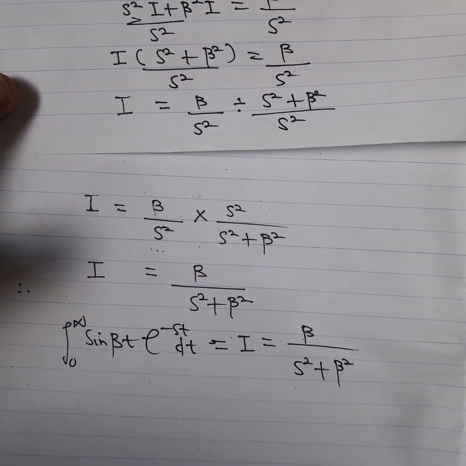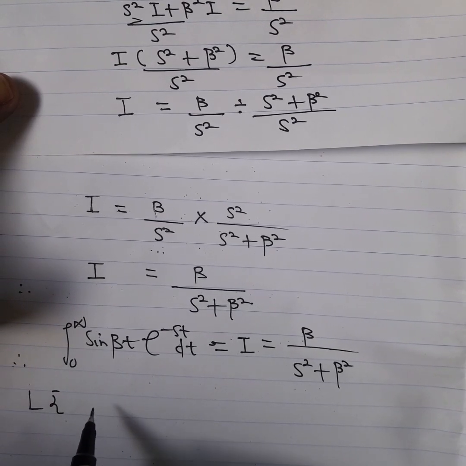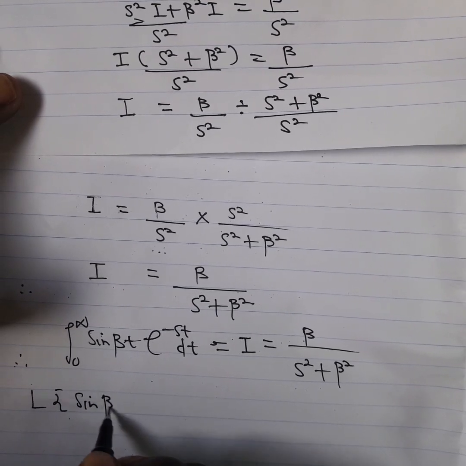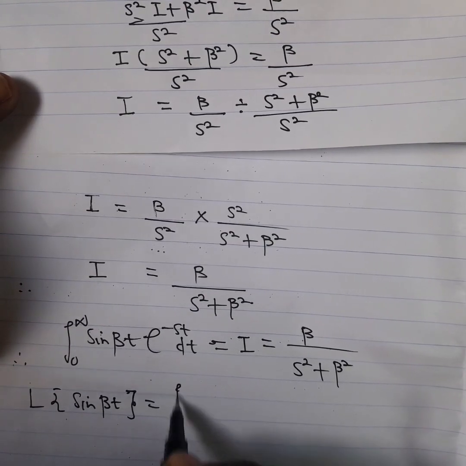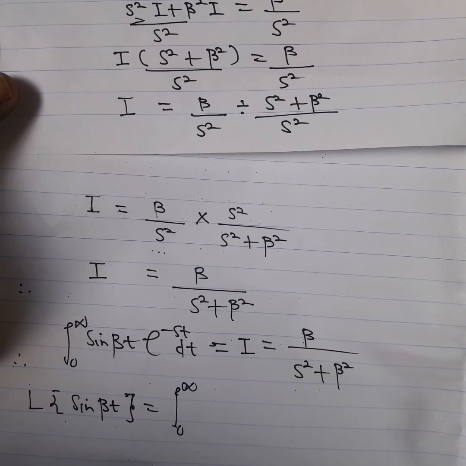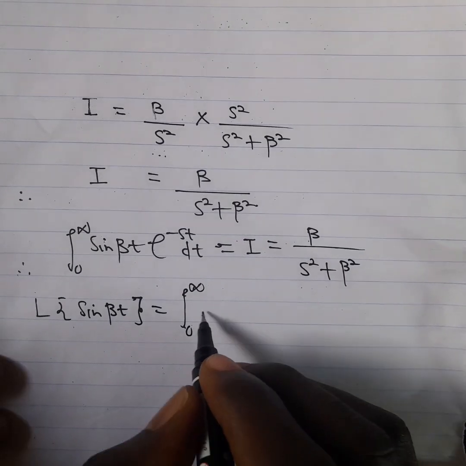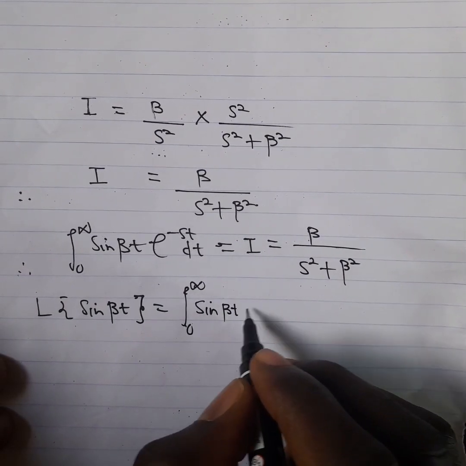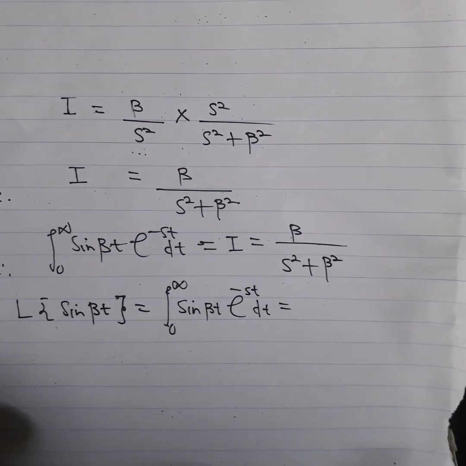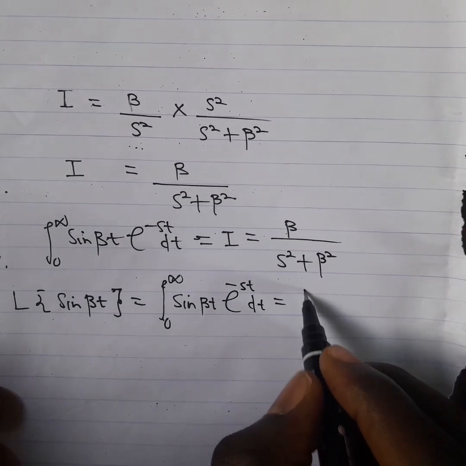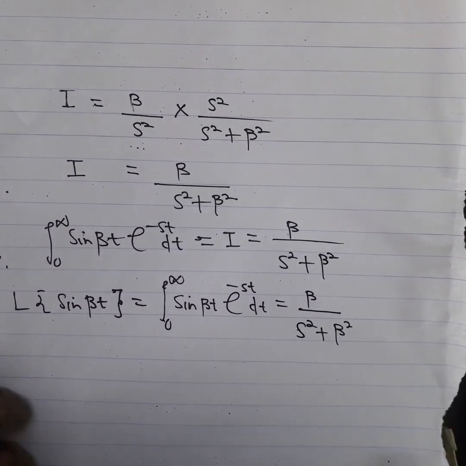Therefore, the Laplace transform of sine beta t equals the integral from 0 to positive infinity sine beta t exponential raised to minus st dt, which equals beta divided by s square plus beta square.